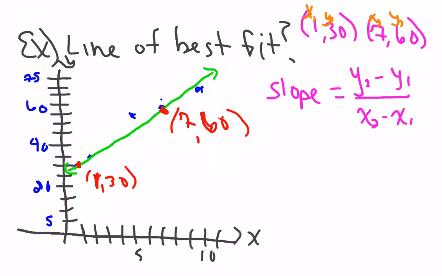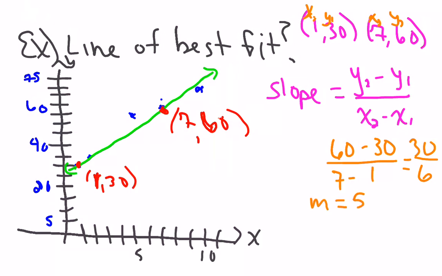Now we plug them in. So we're going to have 60 minus 30 over 7 minus 1. Well, 60 minus 30 is 30. 7 minus 1 is 6. 30 divided by 6 is 5. So now we know, as part of our equation, that m, or our slope, is 5 of this line.